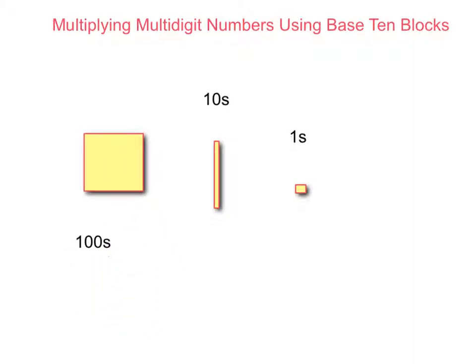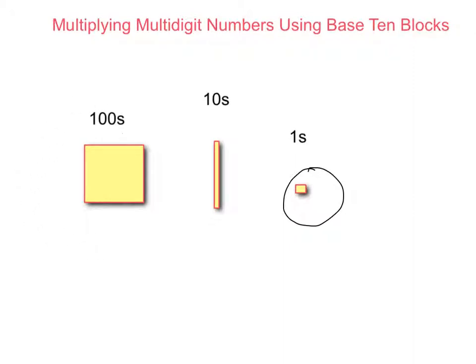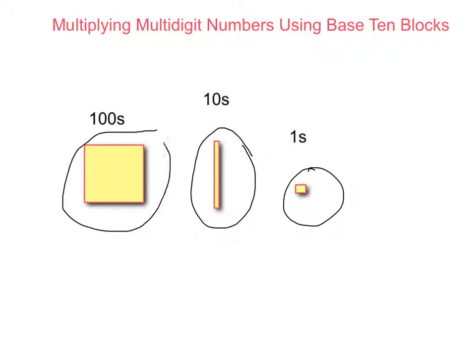And the square that has 100 of these little circles in it represents our hundreds. So just as a quick refresher, we have our ones, we have our long, which represents our tens, and we have our cube, which represents our hundreds. And so we'll be using that throughout today's lesson.